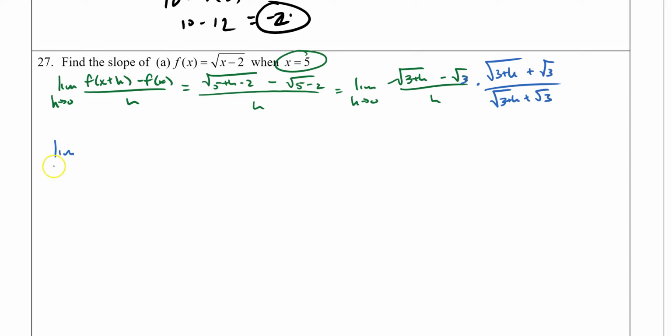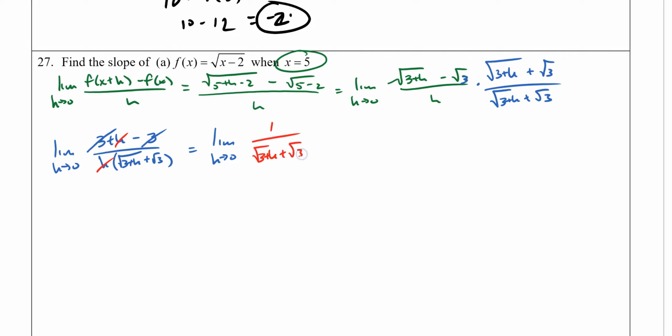And I get the limit as h goes to 0 of 3 plus h minus 3 all over h times radical 3 plus h plus radical 3, which is going to be the limit as h goes to 0 of, we cancel the 3's, cancel the h's, I get 1 over radical 3 plus h plus radical 3.